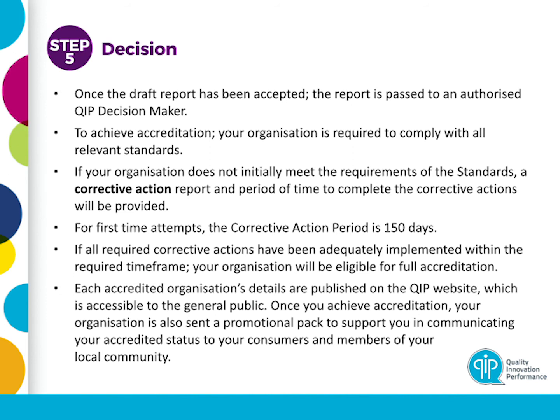A corrective action is if you've got a not met, and the report and the assessment team will outline what you need to do to meet that particular not met. If it's your first cycle of Rainbow Tick, you have a corrective action period of 150 days, and for every subsequent cycle, you have 90 days.